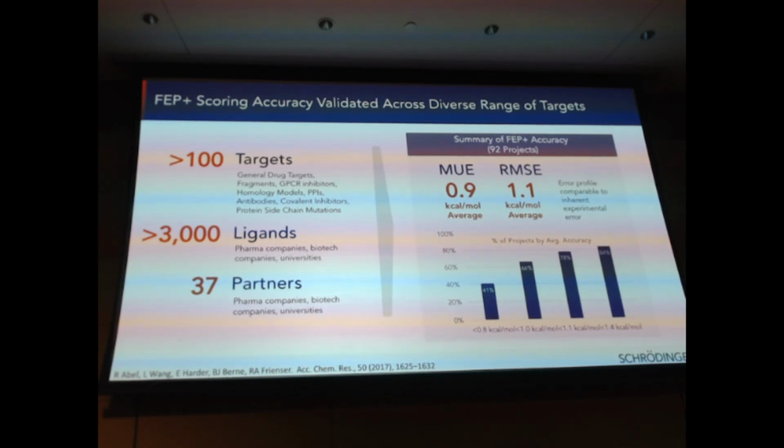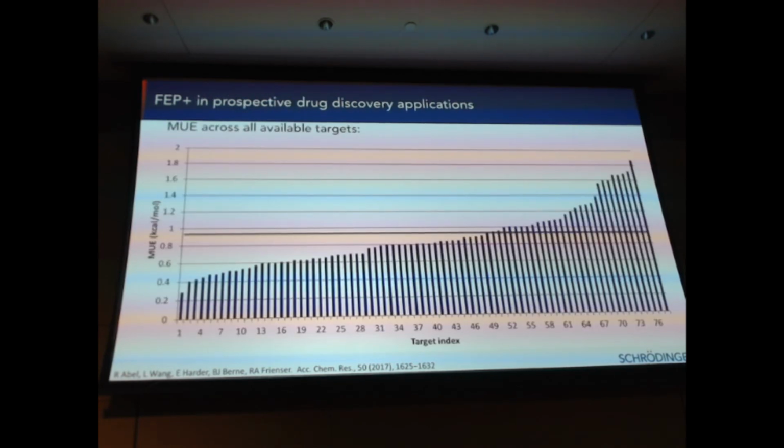Those involve more than 100 targets with more than 3,000 ligands. The overall MSE is about 1.1 kcal/mol, and the MUE for the vast majority of projects is less than 1, in perfect agreement with the accuracy we saw in the retrospective validation.